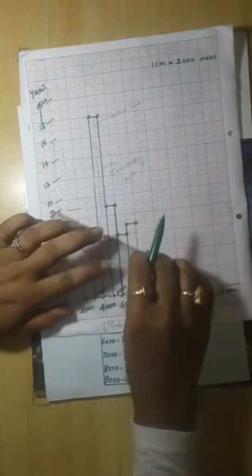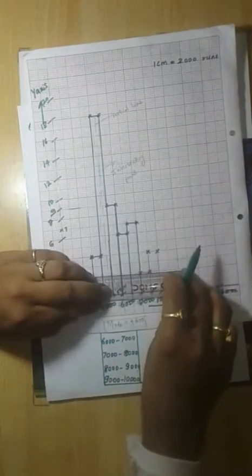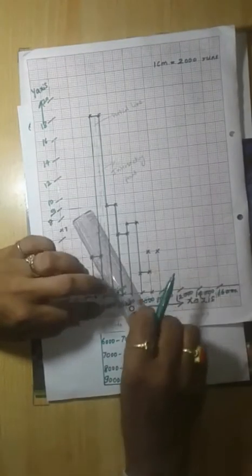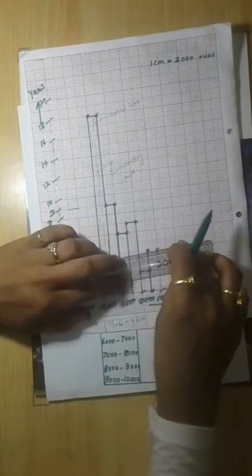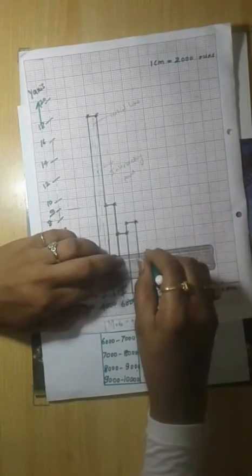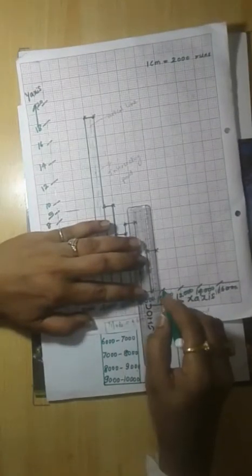So we are just joining all the obtained points to get a histogram. So now the histogram is over.